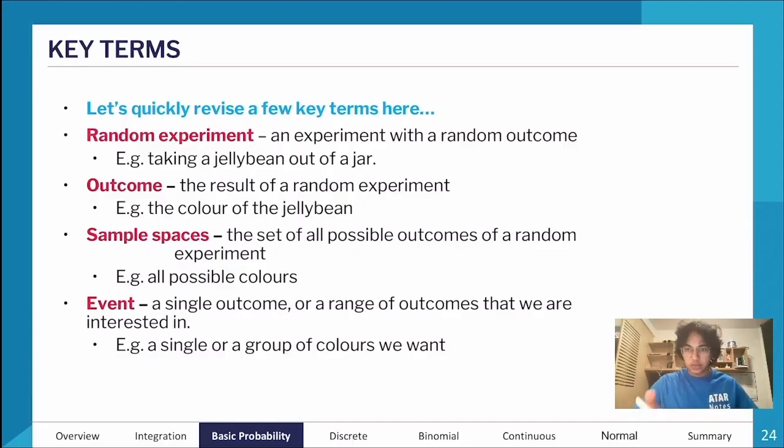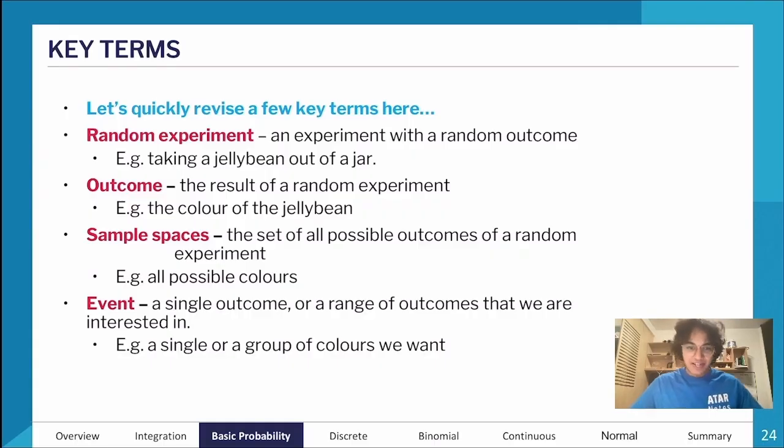An outcome is the result of a random experiment: the color of the sock, or in this case, the color of the jelly bean. Sample space is every possible outcome of a random experiment. So maybe in my bag of socks, I have socks that are colored red, blue, and green. The sample space would be pulling out a red sock, a green sock, or whatever other color.